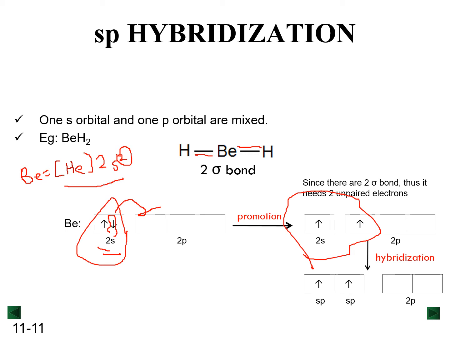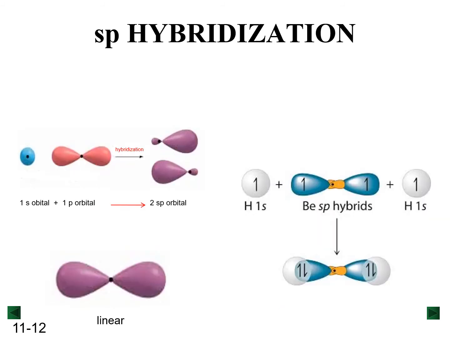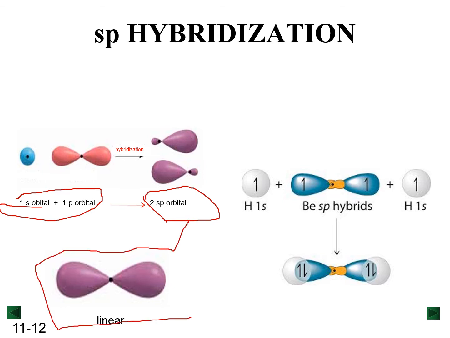This one 2s and one 2p orbital mix to form two new sp hybrid orbitals. Here you can see one s orbital mixed with one p orbital forming two sp orbitals, and the orientation of the two sp orbitals is linear. And this is the orientation of the sp hybrid orbitals in Be.